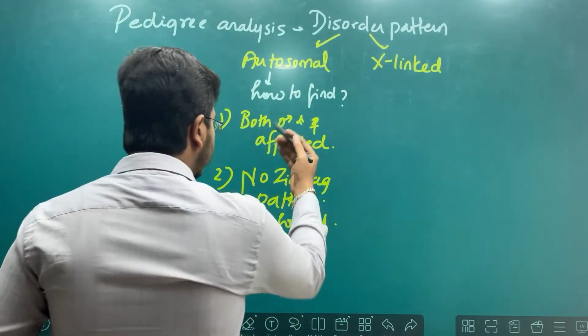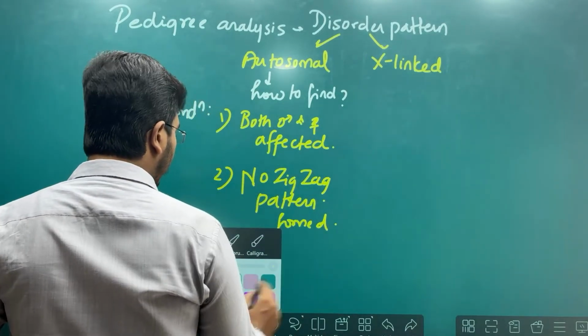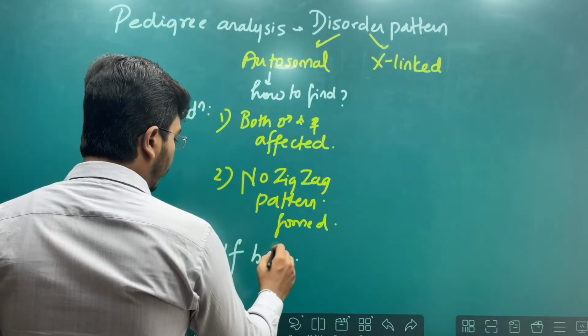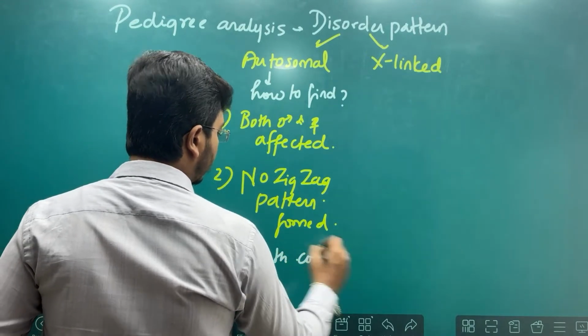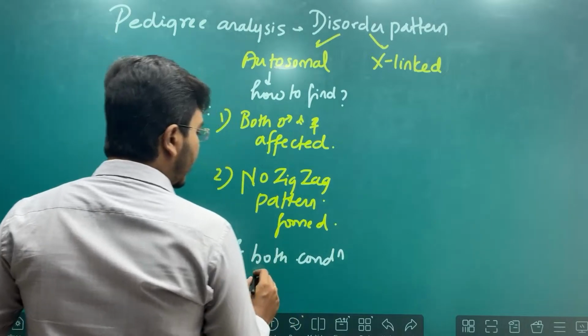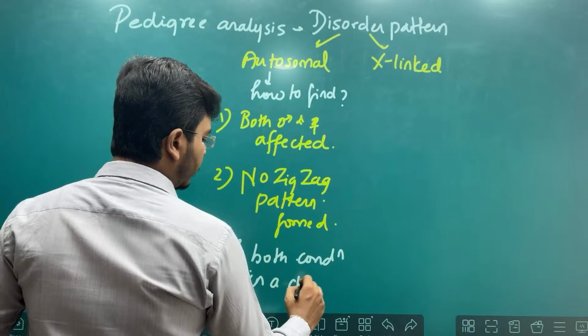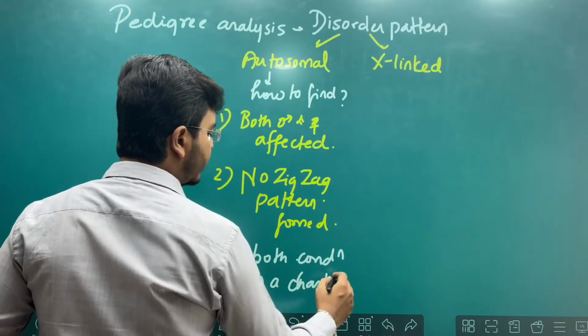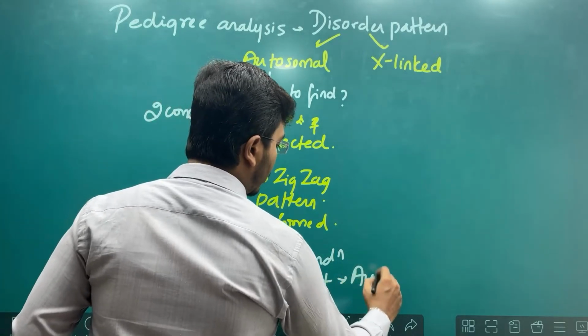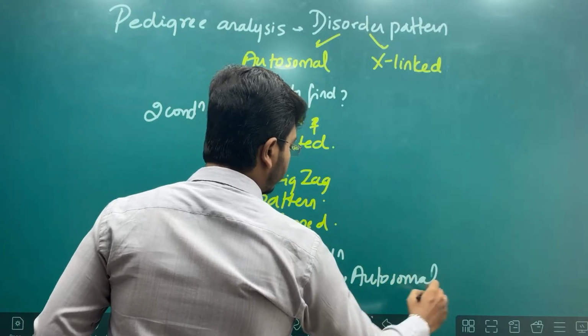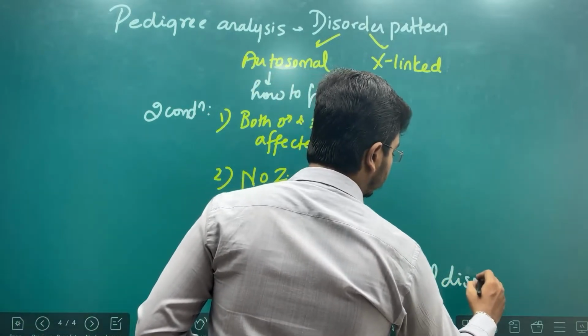இப்போ if both this condition, consider what I am saying, if both this condition is seen in a chart, then you can say it is autosomal disorder.